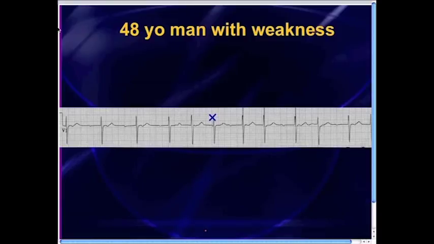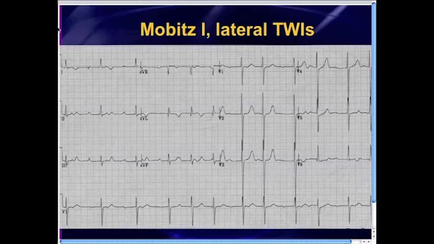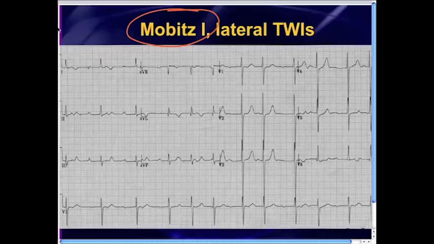And what that means, folks, is that this somewhat funky, complicated-looking rhythm is nothing more than a Mobitz 1, and there's some lateral T-wave inversions suggesting some ischemia out laterally. But anyway, focusing on the rhythm, this is a Mobitz 1, also known as Wenckebach, or second-degree type 1 AV block. All right, so again, three simple things.